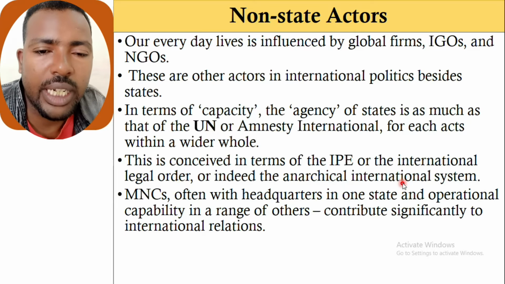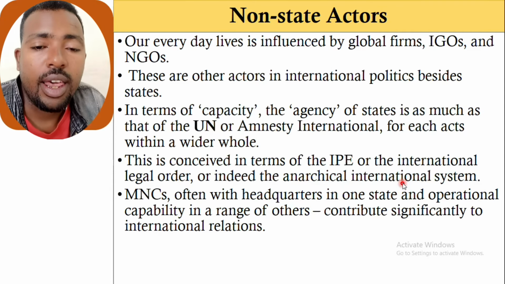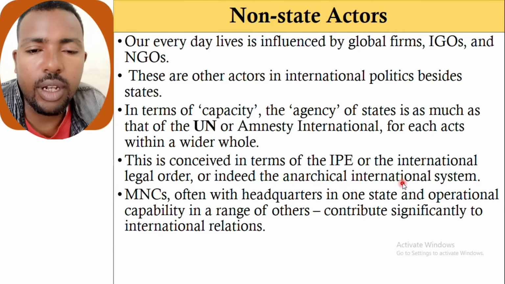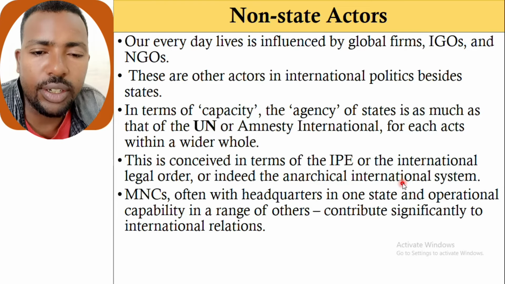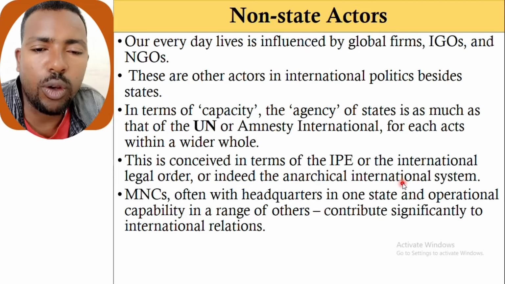International political economy is the interaction between politics and economics at international level. So we cannot have economic development without political interaction or without political intervention. And we cannot have a stable political system without the interaction and intervention of economy.